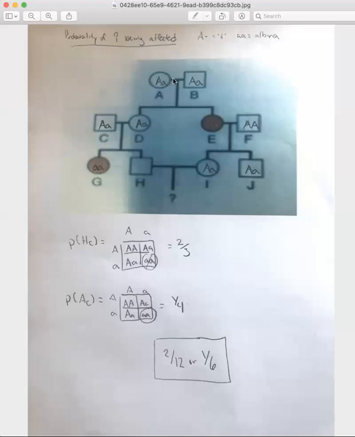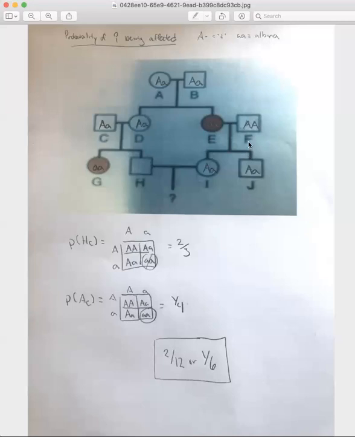Both A and B have wild type phenotypes, neither of them is albino, so we know automatically that their genotypes are big A, little a. Down here with G, same thing. We know both of G's parents are big A, little a. Here, E is little a, little a.